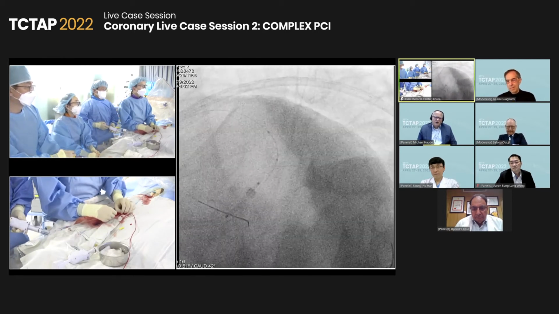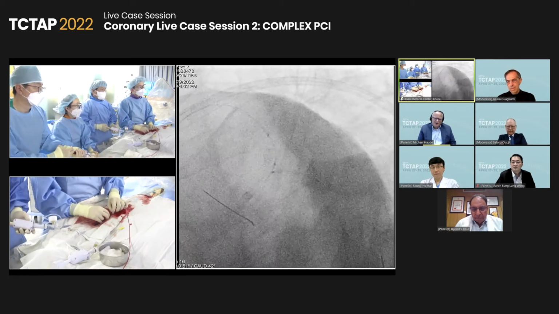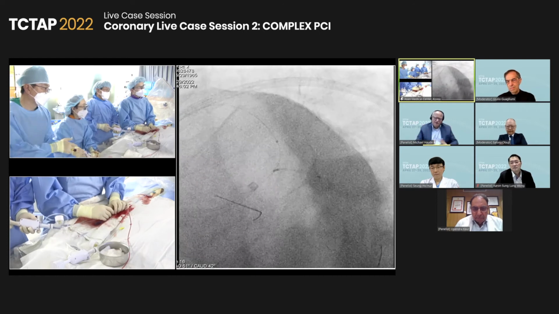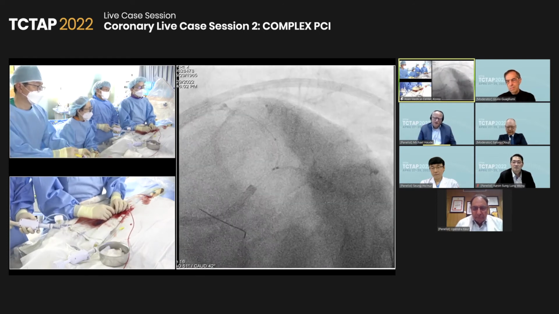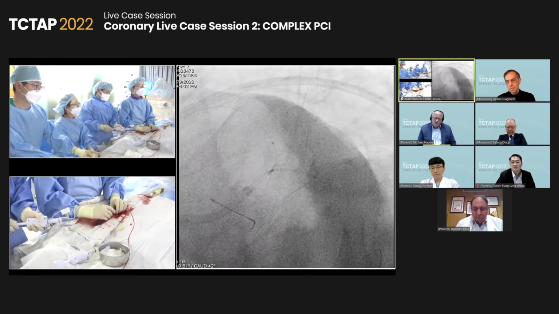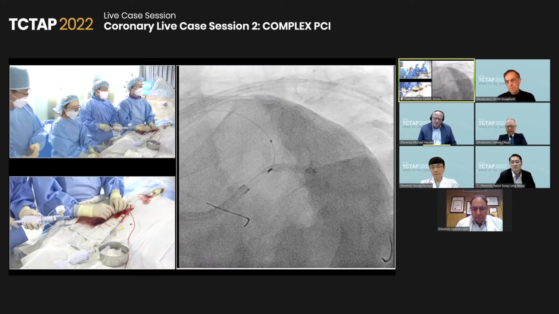No, as I expected, there is a large calcium burden there in the proximal LAD. I think it also wraps around a little bit of the ostium of the circumflex artery. So we need to do a very good lesion preparation here. For me, simple ballooning wouldn't be good enough, even with a non-compliant balloon.